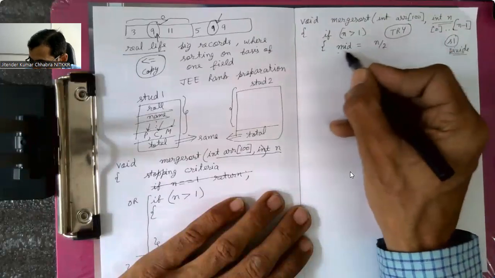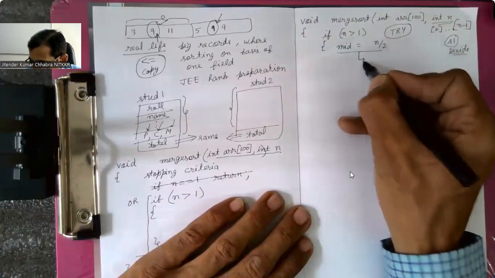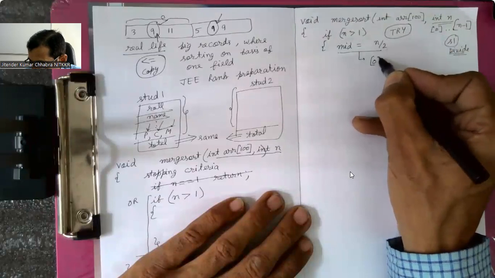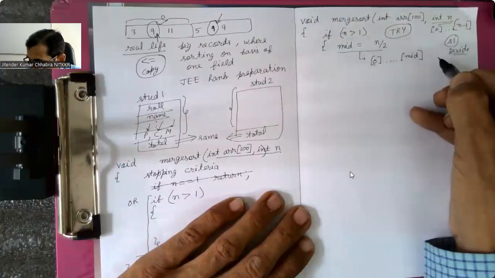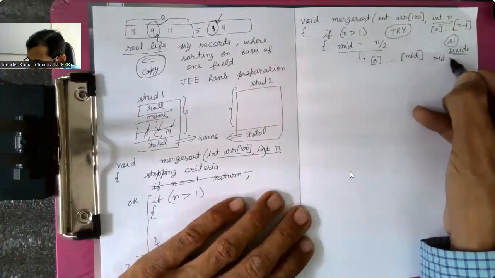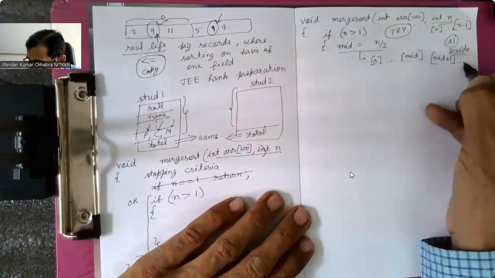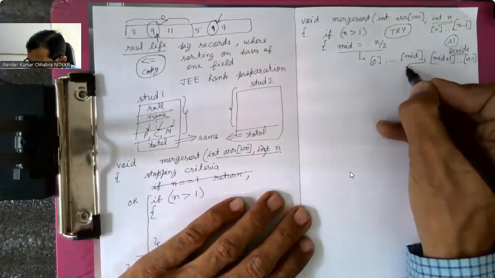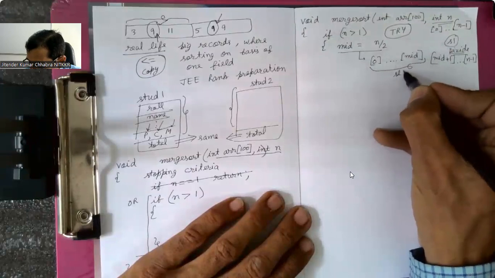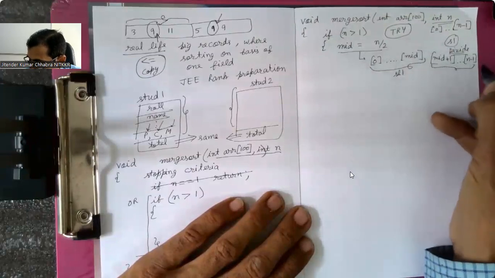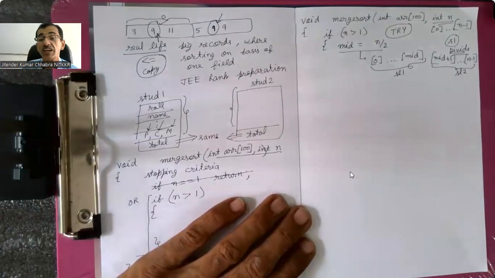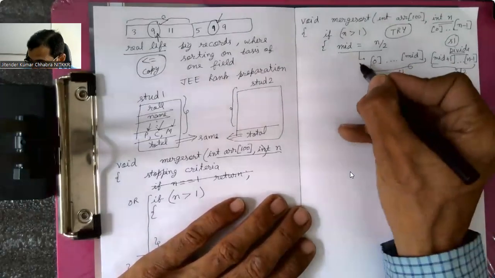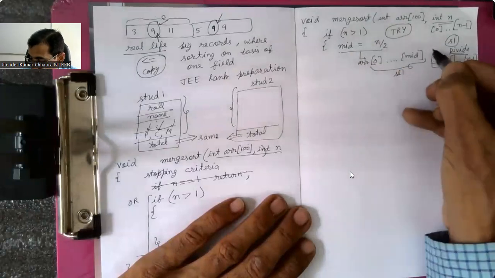Finding the middle, n by 2, effectively means that my list will be 0 to mid, and the other list will be mid plus 1 to n minus 1. So if n was odd, the left sublist gets 1 extra element, obviously, and the right sublist will get 1 less element. So these 2 sublists are ready. Both are in the same ARR.